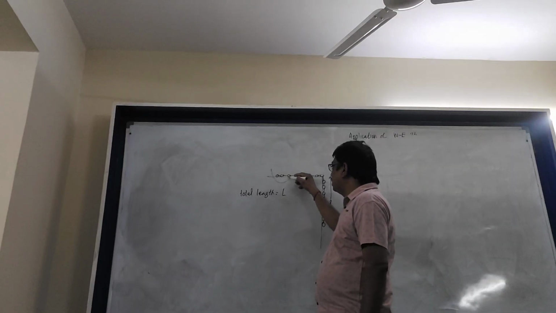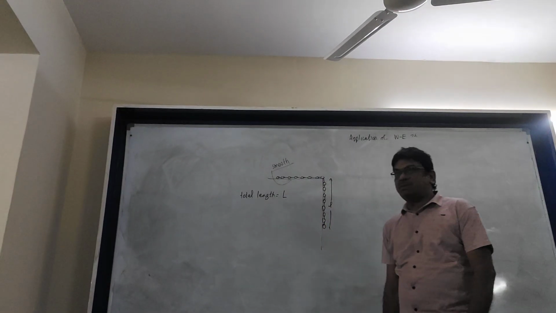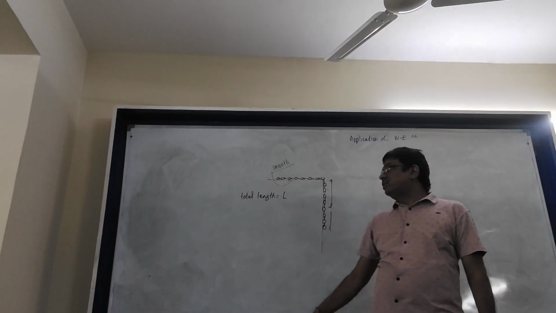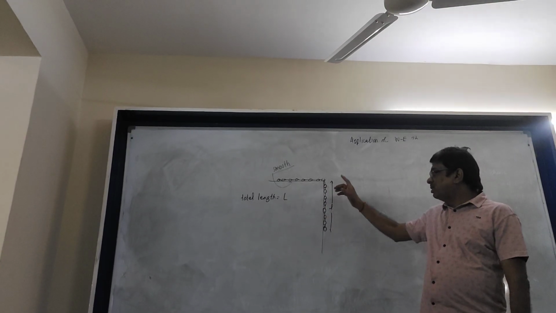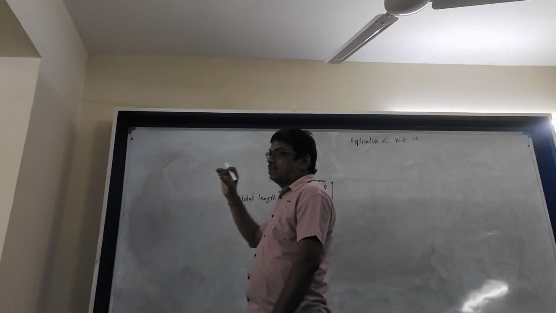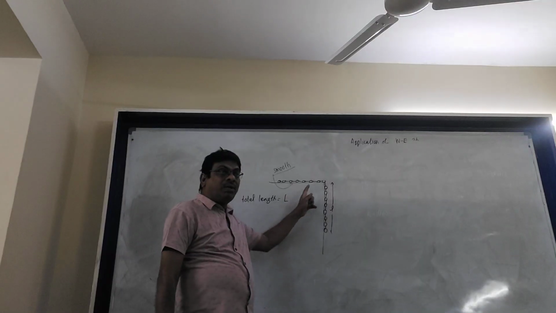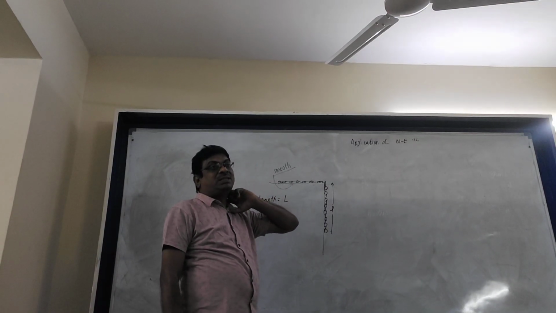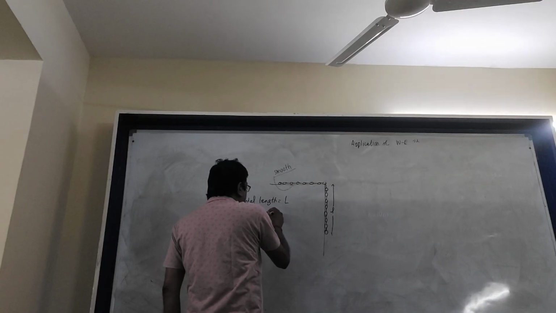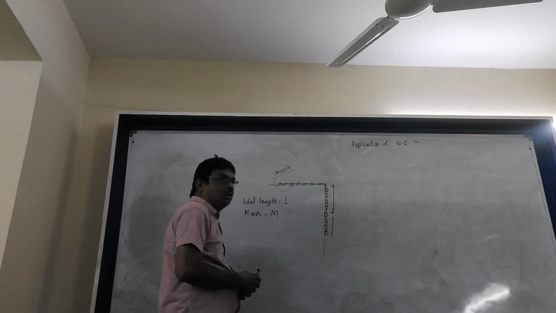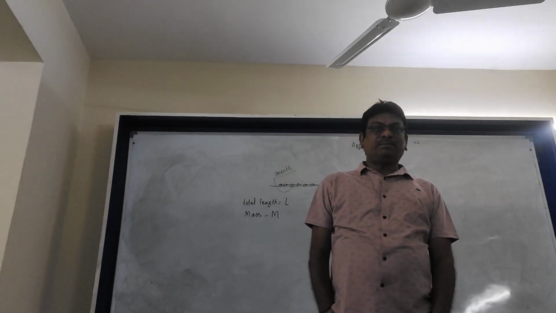We are avoiding friction so that the problem remains simple. We just want to know how to apply work energy theorem. It is released from this position. The question is, you have to find the speed of the chain when it just leaves contact with the table. Mass, you can take it as M. Is it clear? Note down the question.